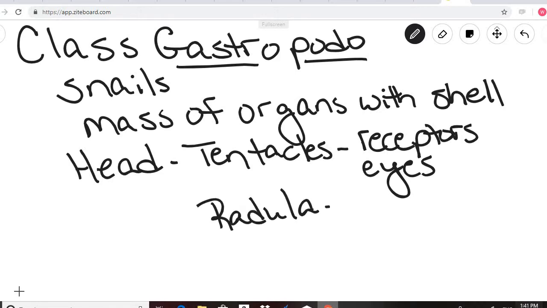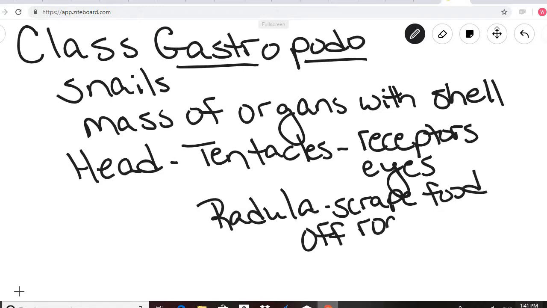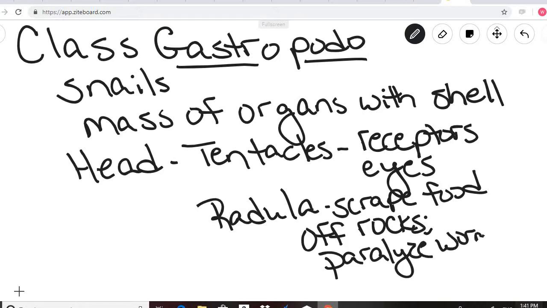And here the radula can be used to scrape food off rocks. The radula also can paralyze things like worms or fish that the snail is going to eat, so it's used as a means of getting food.